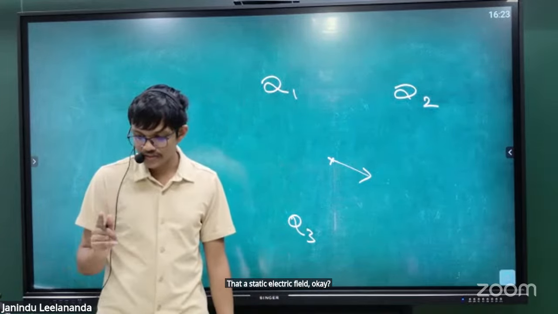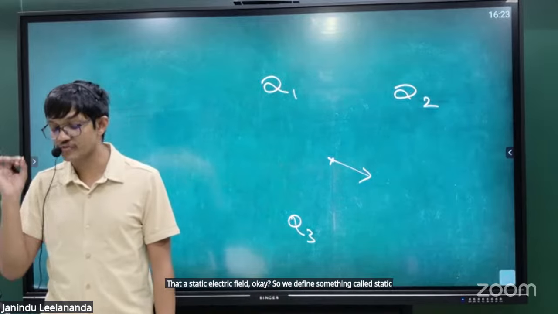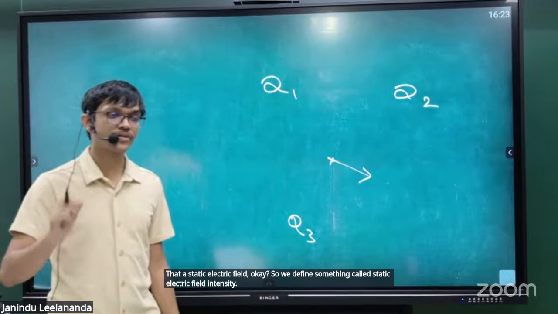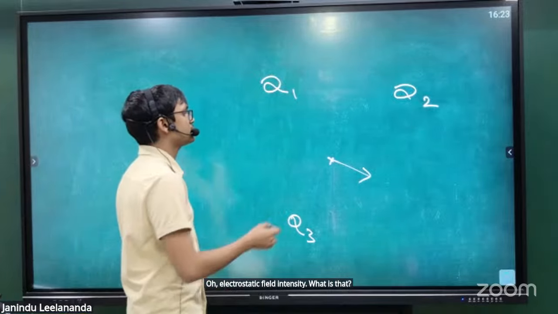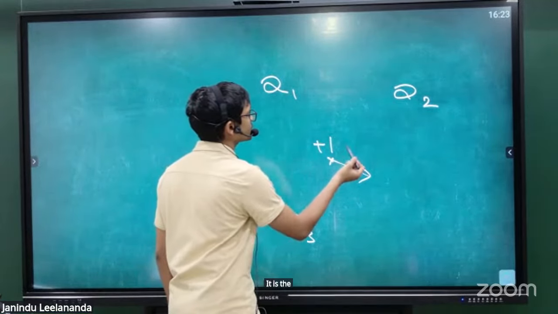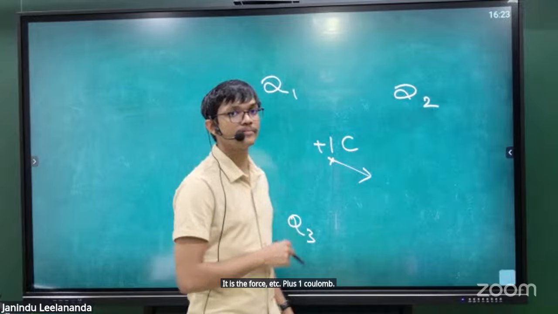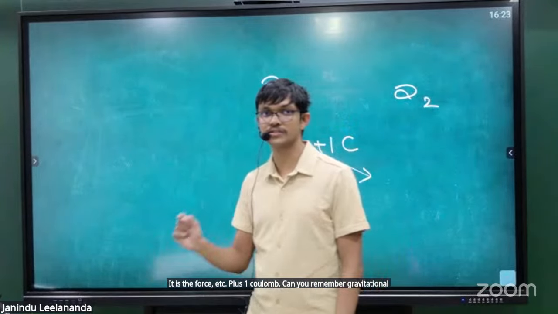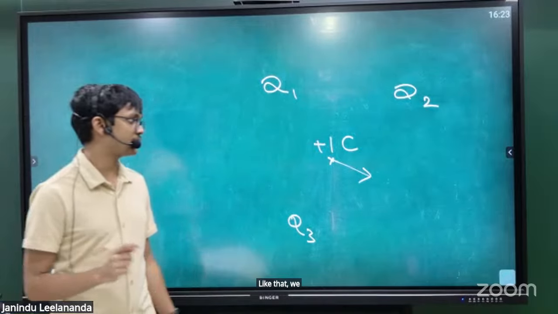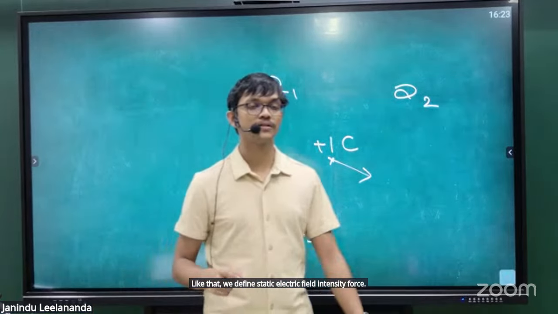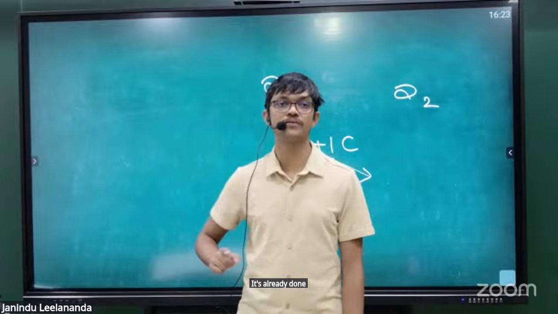So we define something called static electric field intensity, or electrostatic field intensity. What is that? It is the force exerted on plus 1 coulomb. Can you remember gravitational field intensity, force exerted on 1 kilogram? Like that, we define static electric field intensity as the force exerted on plus 1 coulomb due to a field.